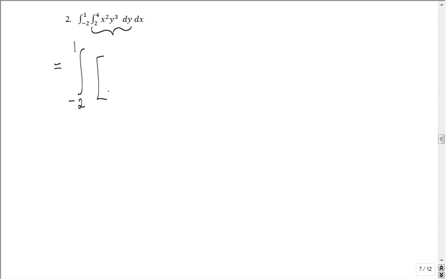You're integrating the y. Tell me what's that? x squared y to the 4th over 4. Very good. And y goes from 2 to y equals 4 dx.